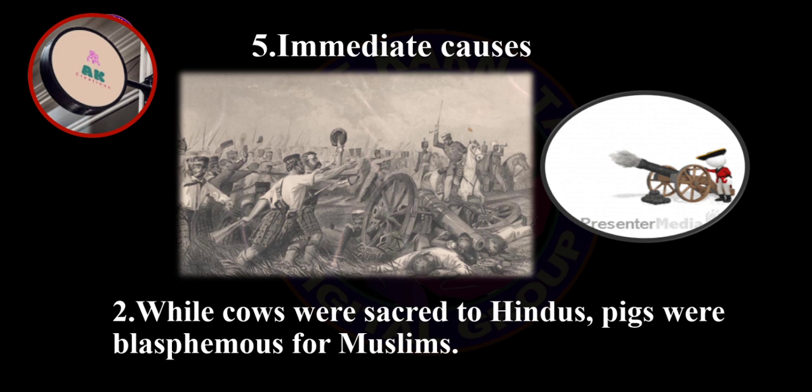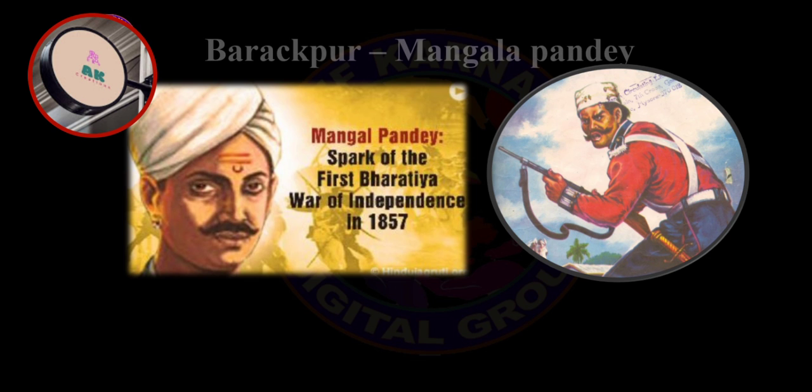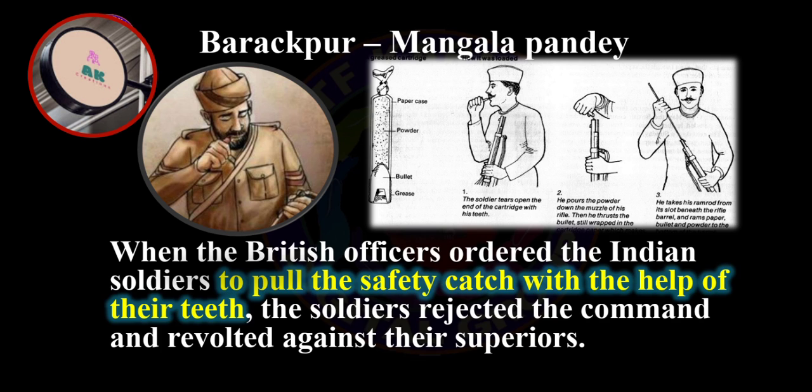Now we'll move on to the next, that's Mangal Pandey. So when the rumor spread, everyone got dissatisfied. When the British officers ordered the Indian soldiers to pull the safety catch with the help of their teeth, the soldier rejected.